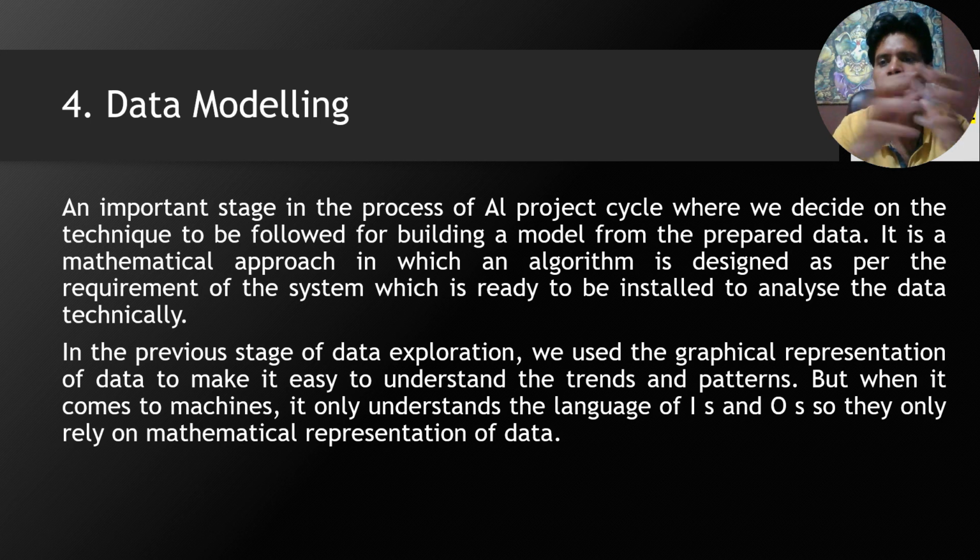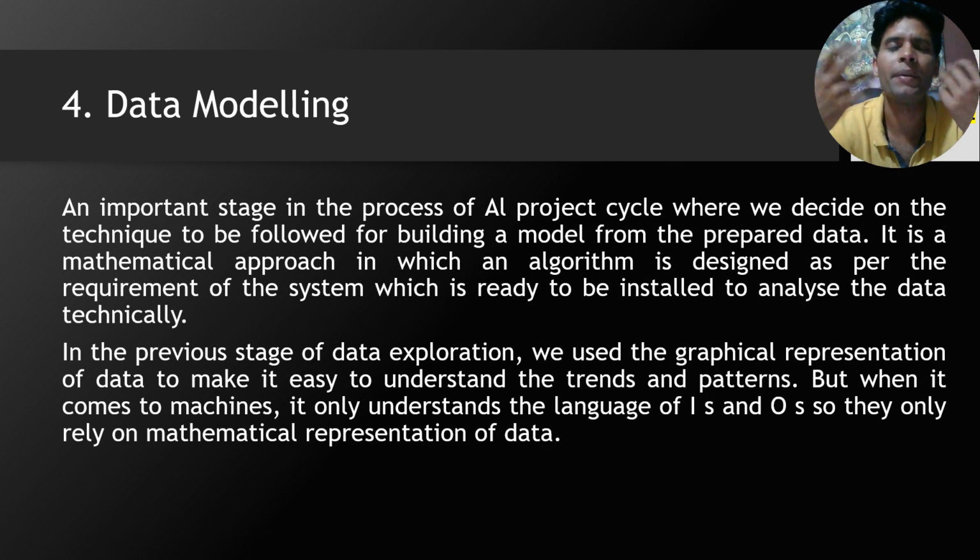Now, data modeling is an important stage in the AI project cycle where we decide on the techniques to be followed for building a model from the prepared data. Whatever data we collect is basically in a form humans understand, like the English language or numbers, as well as maybe photos, pictures, videos.